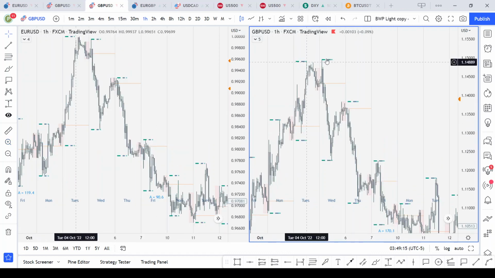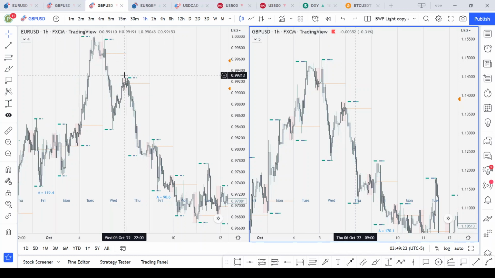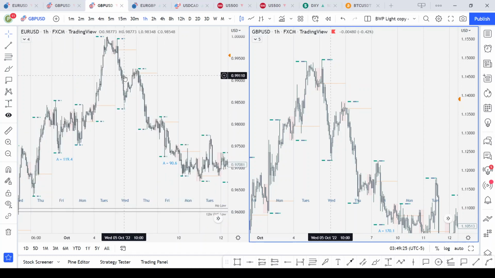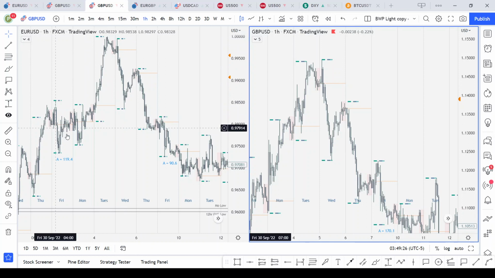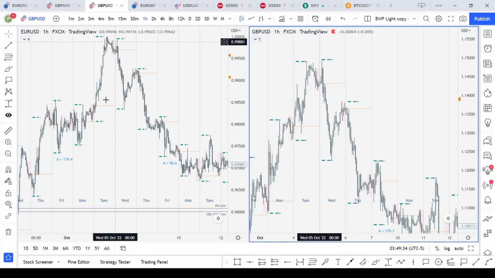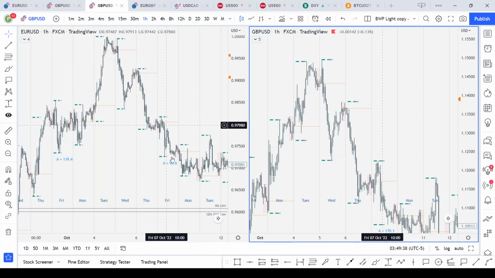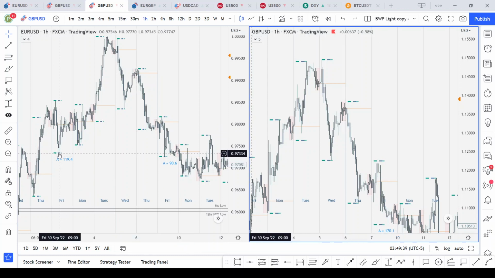You can see this one made a higher high, this one made a lower low. That's a typical signature of the smart money reversal. You can see the initial consolidation here, then the run to a level of resistance, smart money reversal, accumulation or low risk buy, reaccumulation, and then distribution below the initial low of the consolidation.